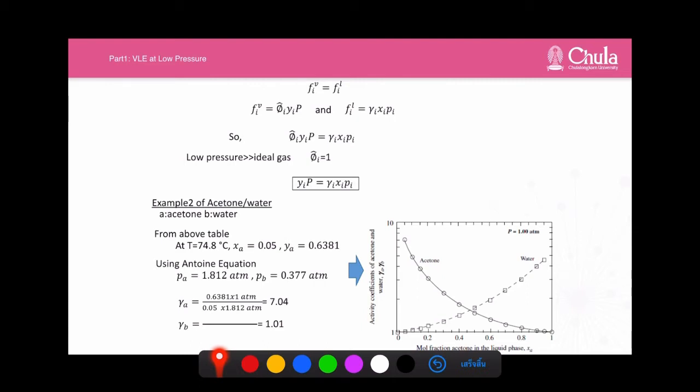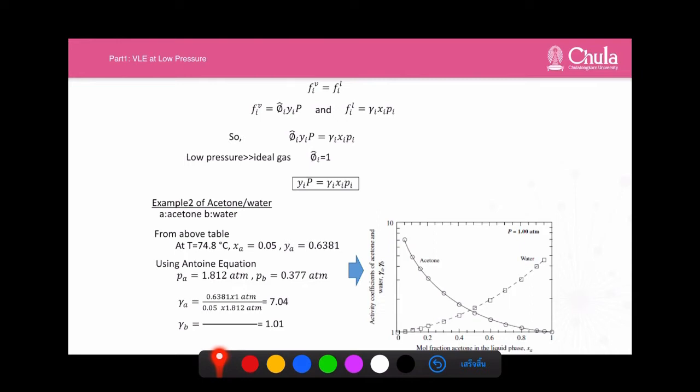Well, now we consider the simplest case where the pressure is low enough to approximate phi i as 1.